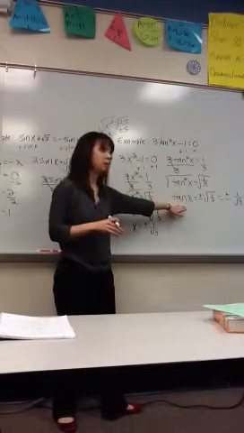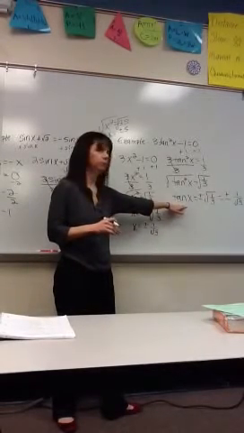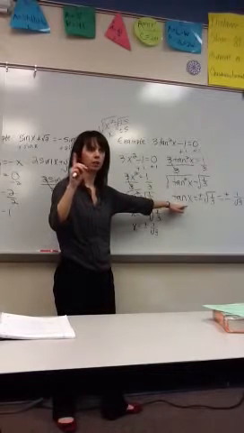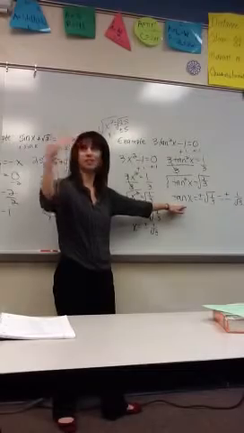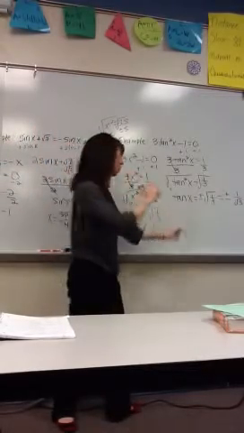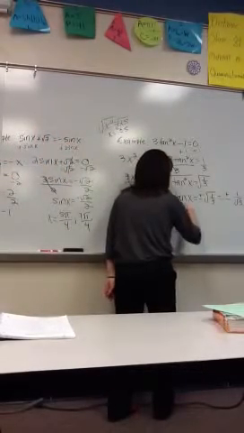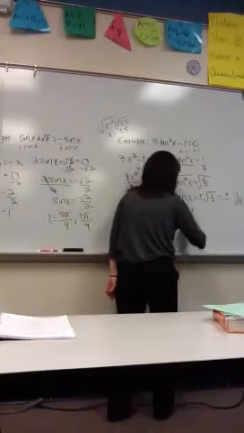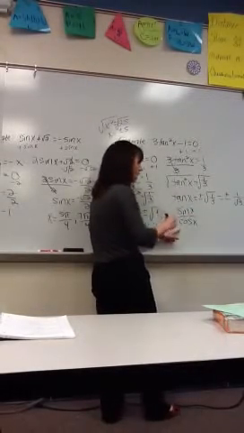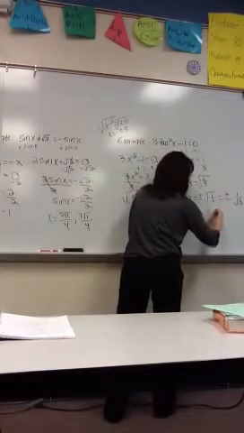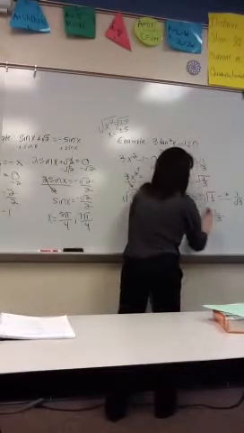What does tan mean? It means opposite over adjacent. It also means sine over cosine. So what I'm really looking for is, where is my sine value divided by my cosine value, positive or negative 1 over the square root of 3.